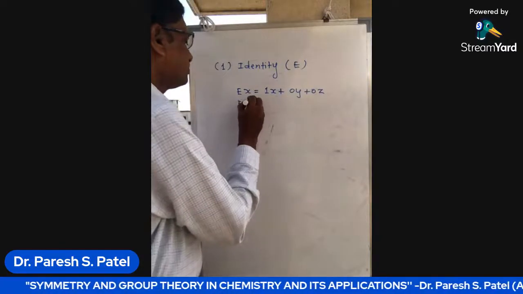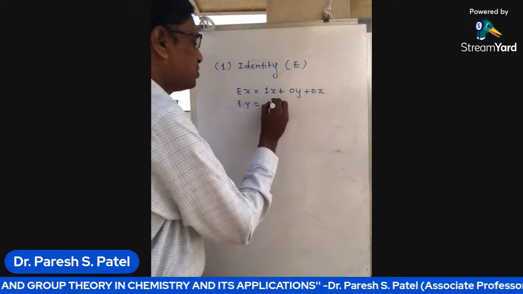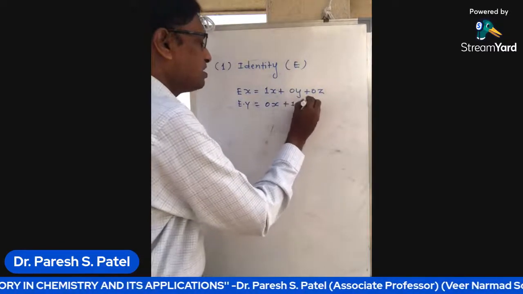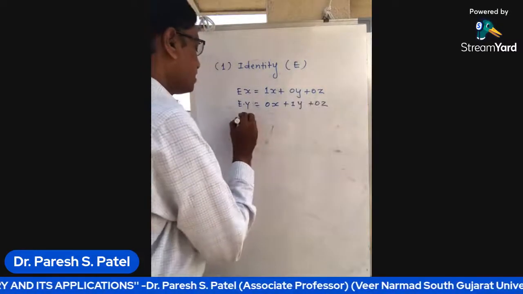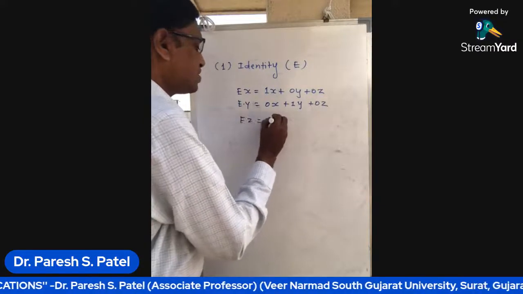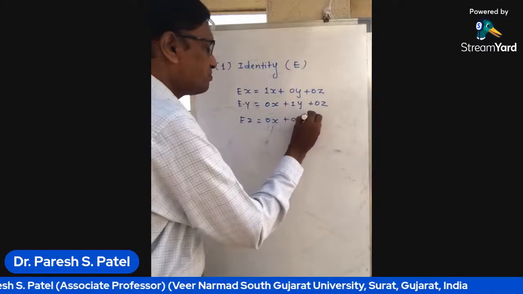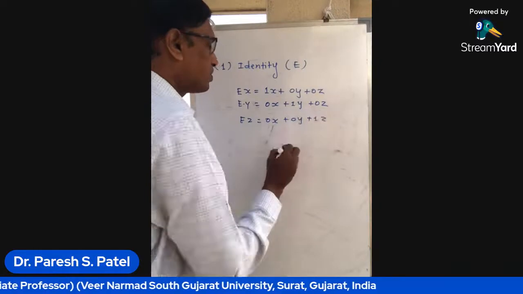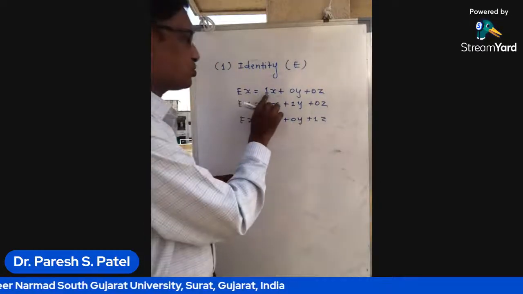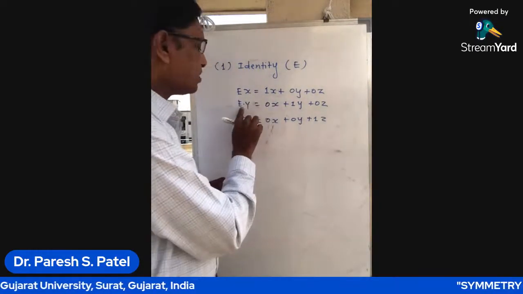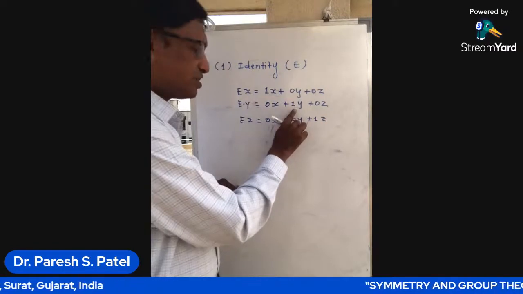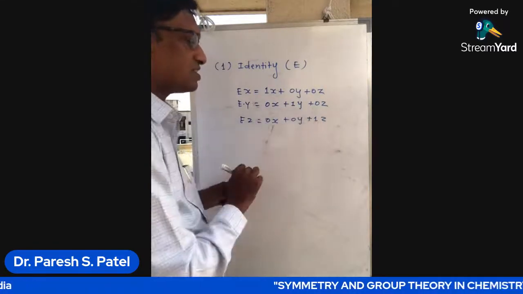E into y is equal to 0 into x plus 1 into y plus 0 into z. E into z is 0 into x plus 0 into y plus 1 into z. So along the x-axis, the situation is unique. Along the y-axis, this is the unit, and along the z-axis, this is the unit.